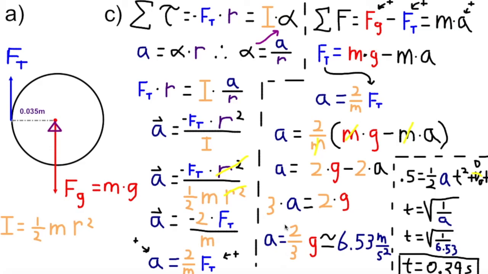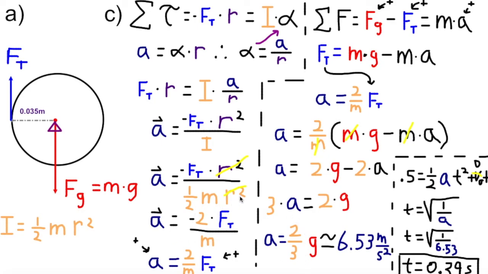The 2/3 number comes from our equation for the moment of inertia of the yo-yo. So this would work for a few other shapes as well, with the radius canceling out. It would work for a solid sphere, a hollow sphere, a hoop. We would get a different ratio here, but we would also have radius cancel out.